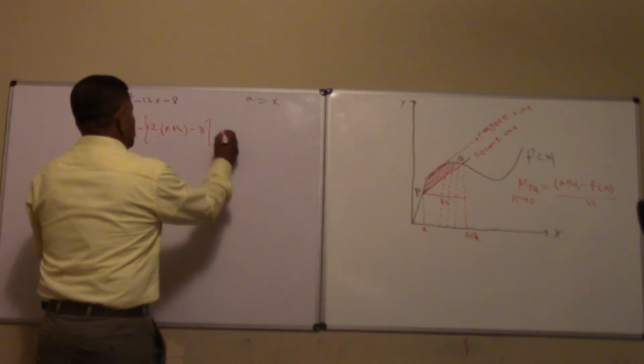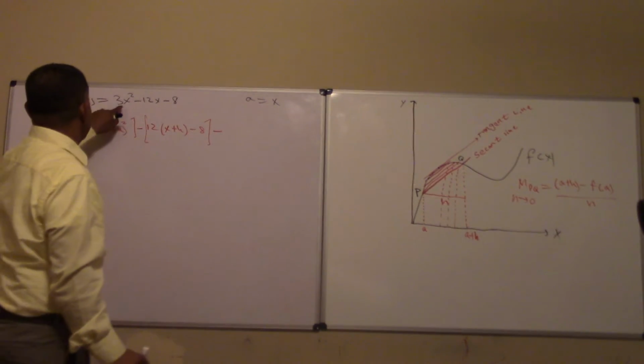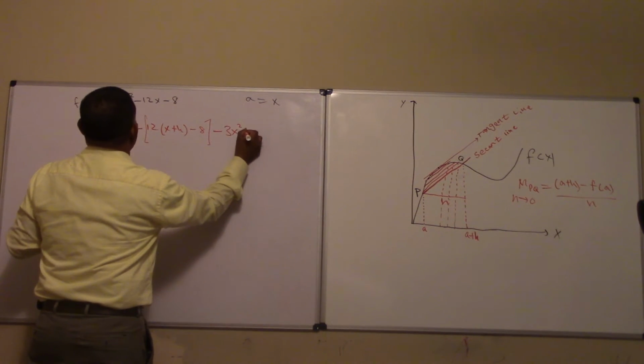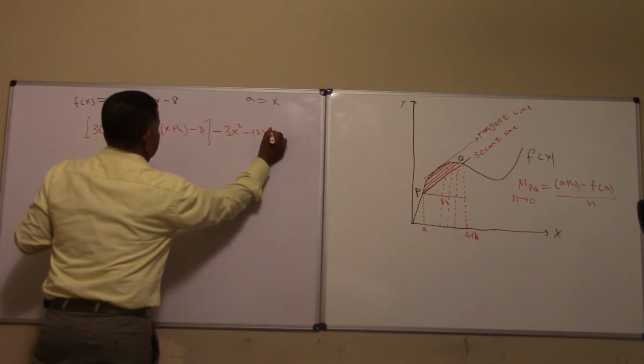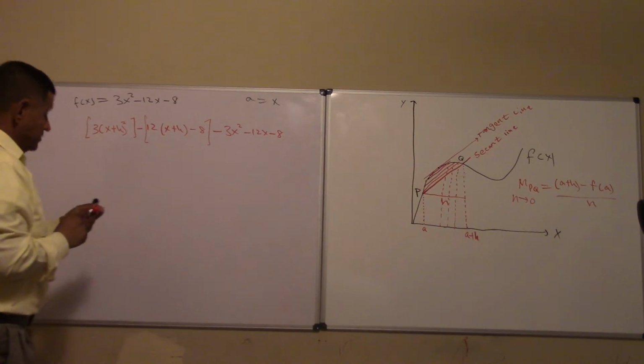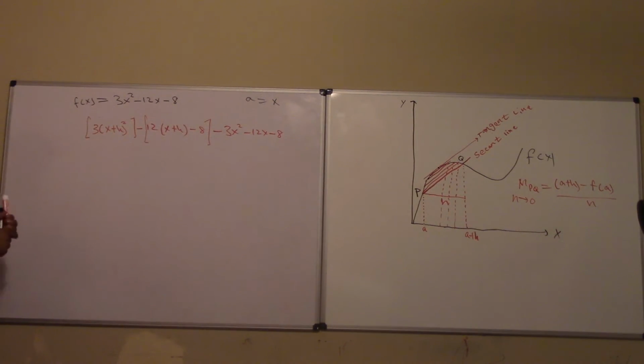So in this case, it will be just the function, 3x squared minus 12x minus 8. Okay? So let's do this part here.